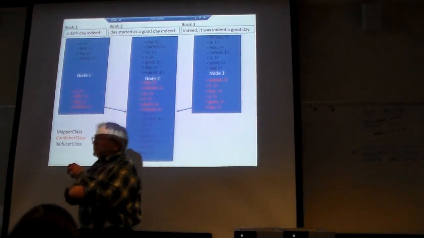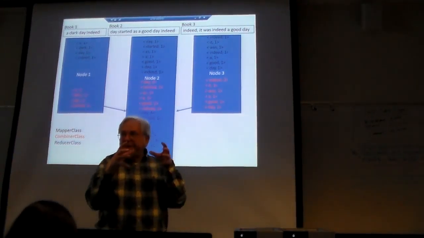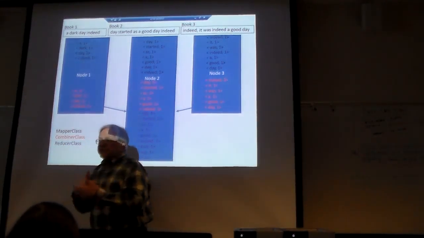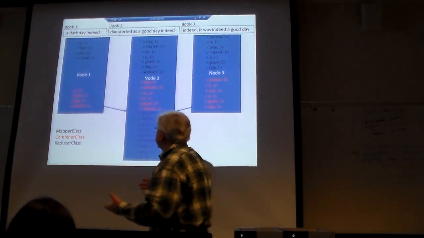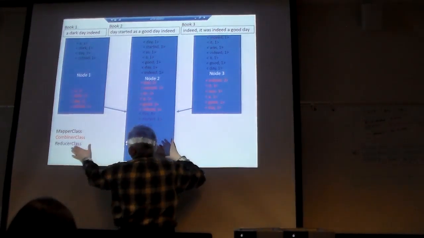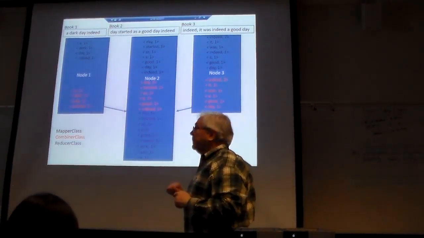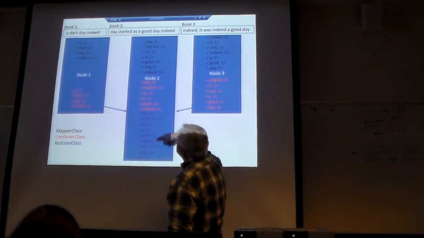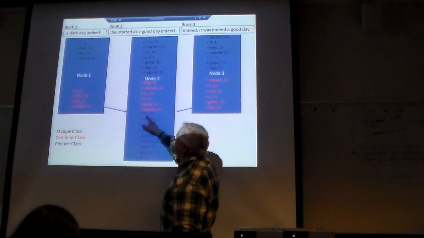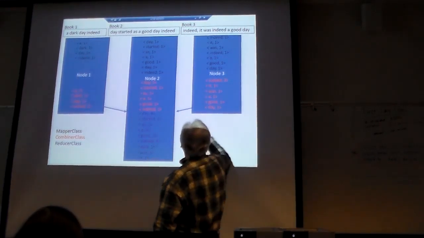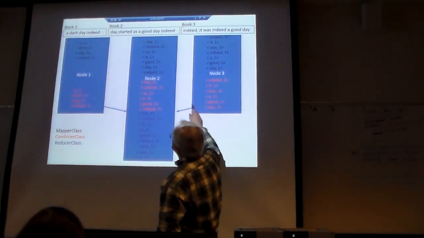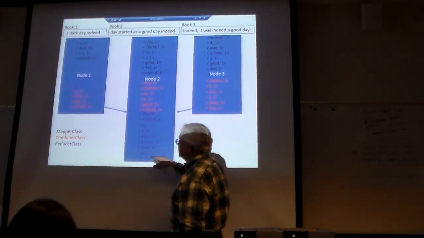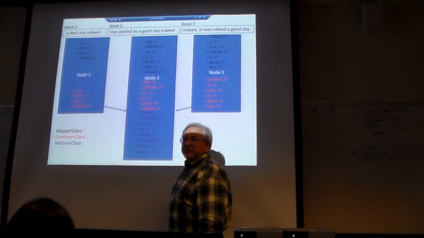Each node processed all its data, made these little pairs, and then it combined any that were the same, and then it sends all 3 of them to the reducer class, and the reducer class runs the same thing this does, which it just goes and looks and it says, oh, I've got 4 days and 3 indeeds. What do I got? 2 indeeds there, and I must have another indeed over here. Yeah, 4 indeeds. I got 3 indeeds, and so that's what it does.